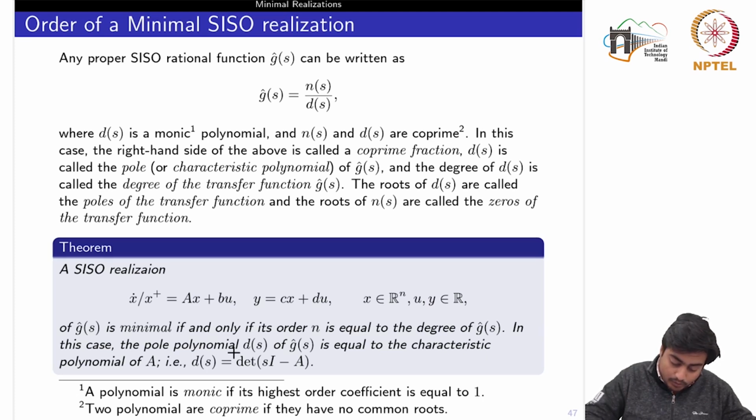In this case the pole polynomial D(s) is equal to the characteristic polynomial of A, that is, D(s) is equal to the determinant of sI minus A. So you can connect the degree of the denominator polynomial of a transfer function with the order of the minimal realization in the state space representation.